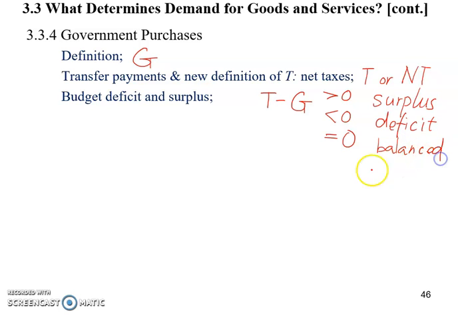Okay, all right. And then the determinants of G and T. The government spending is determined on Capitol Hill, right? Most of the time it's determined by political considerations, not really by economic factors. For example, for the household or the firm, when we spend, the first thing we look at, as we discussed in the previous video, is how much we make, right?